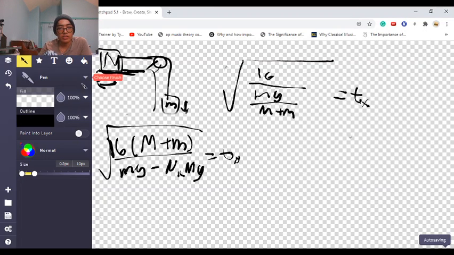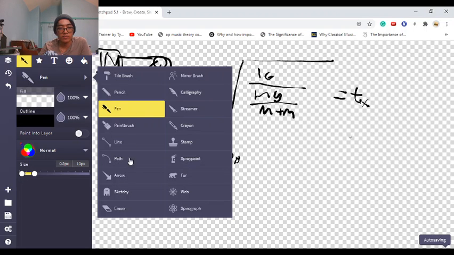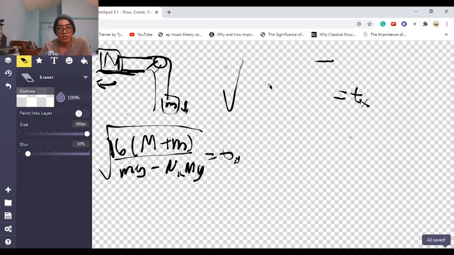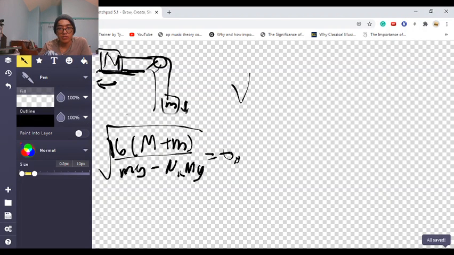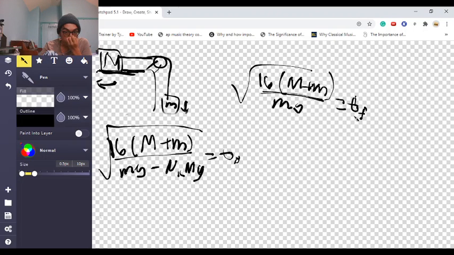And I can also write this as 16 times m plus m over mg, which equals the time of final. Time of final.